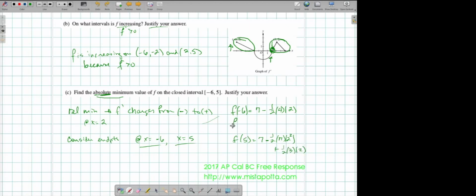Now if I want to find f of 2, keep in mind that it's going to go from -2 to 2, so it is just this semicircle. So it's going to be equal to 7 minus 1/2 pi times r squared. And so I know that this is less than 5 because f of 5 adds this term here.